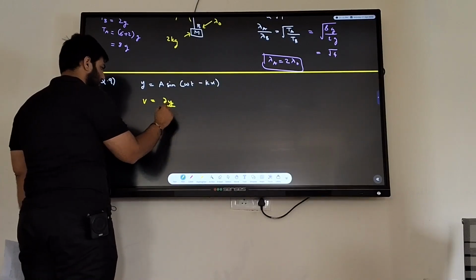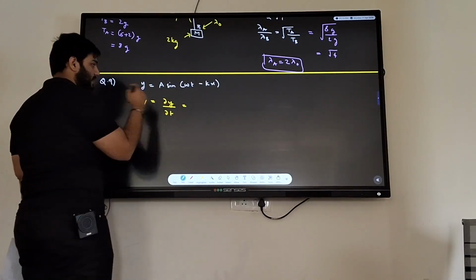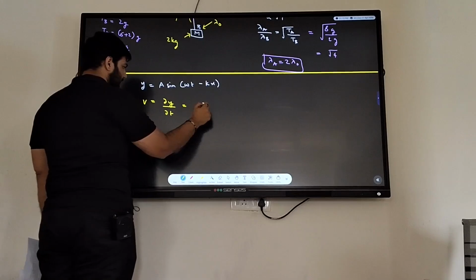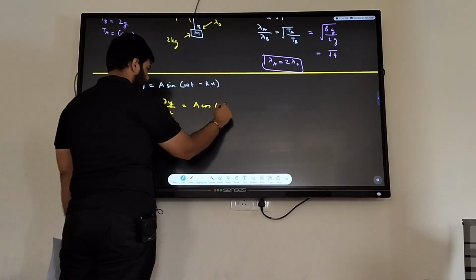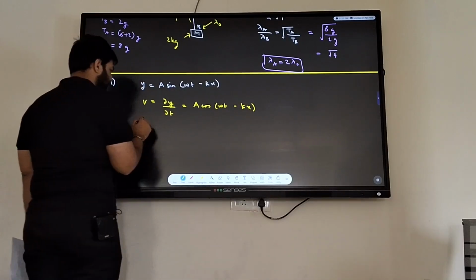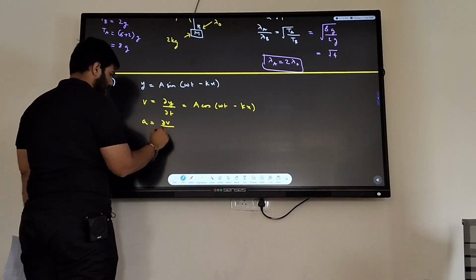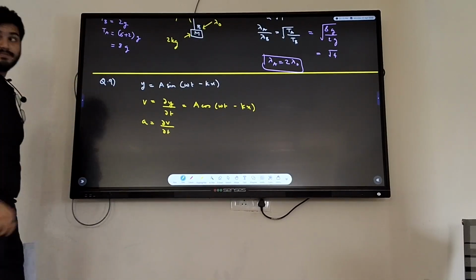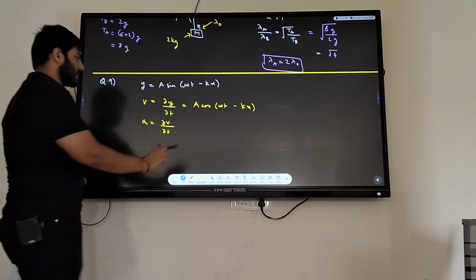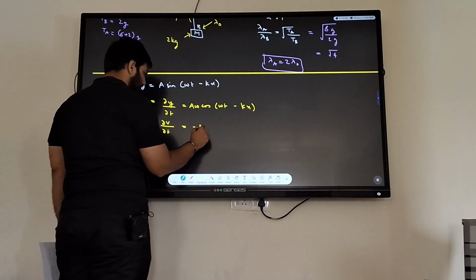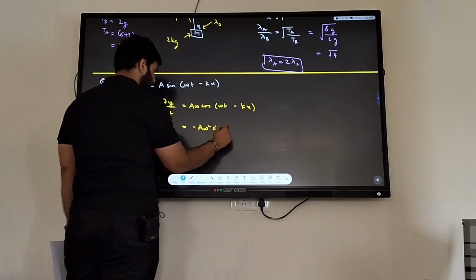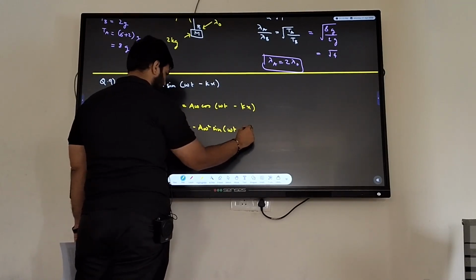Del y by dt is minus a cos(omega t minus kx)? Now what is the acceleration? Into omega, a omega. And this should be minus a omega square sin(omega t minus kx).